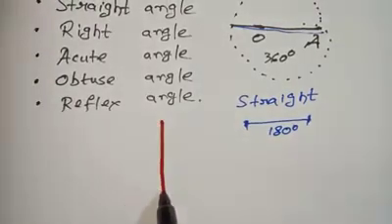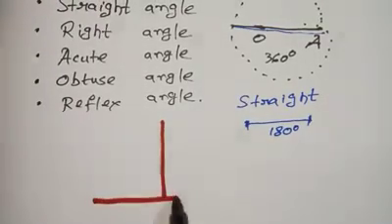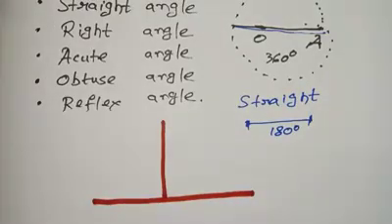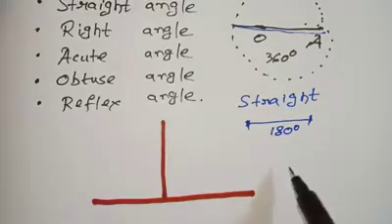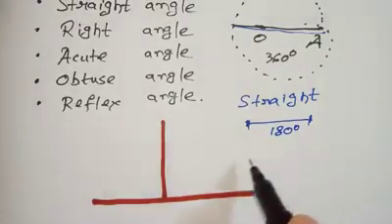So let me just draw it in this way. We draw it like this, right? And what we get from this graph, it is quite evident that we know what a right angle is, this part.